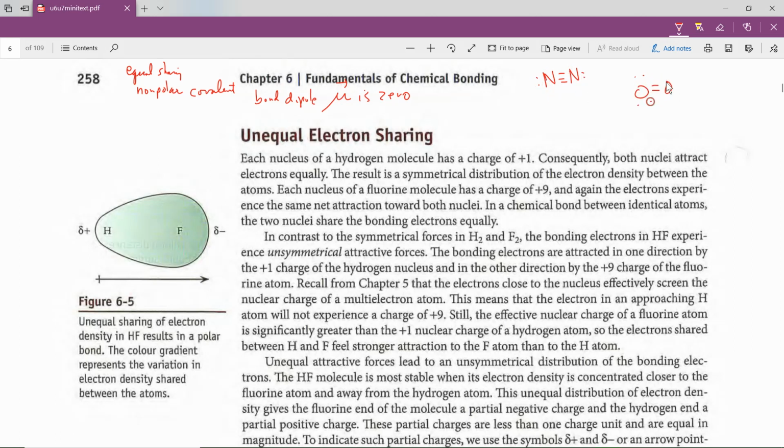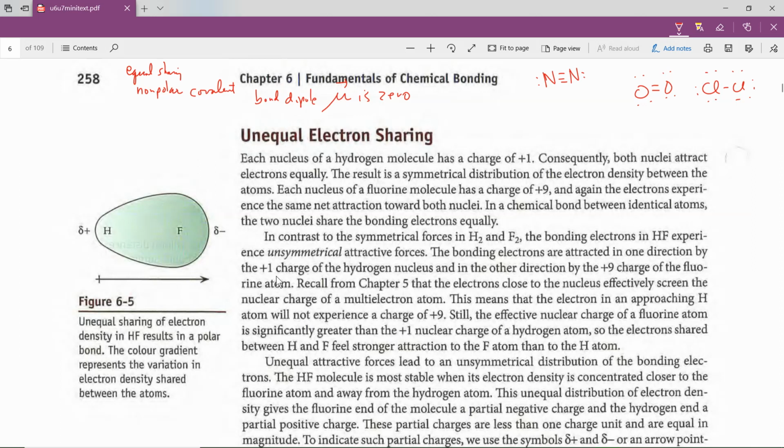Oxygen, double bond, that is a nonpolar bond. Chlorine, single bond, that is a nonpolar bond. The stuff I'm putting around these atoms, these little dots, those are lone pairs. The two dots that make a dash in the center are shared electrons or bond pairs. And we'll get into all that as we talk about Lewis diagrams.